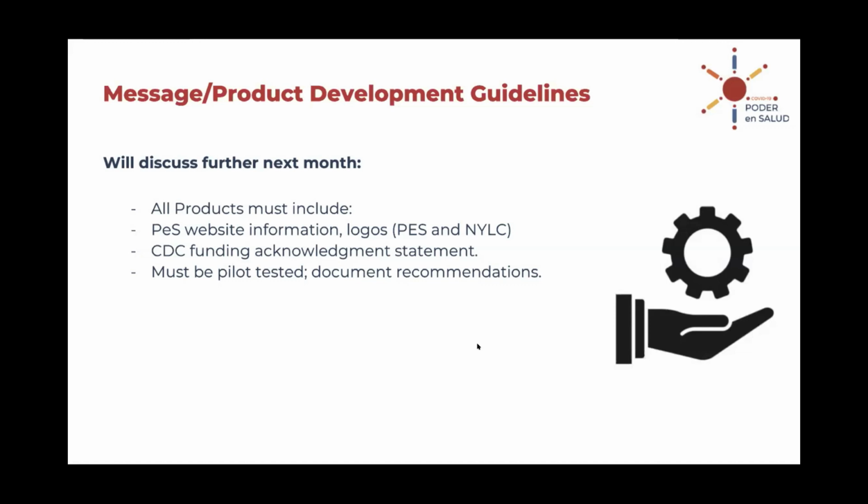This will be provided for you as an example to see what it looks like, whether it's on a flyer or on a video. And as we know, these message products developed with your PIF form must be pilot tested and approved through the CDC, so you can go ahead and continue on with your PODER and SALUD project.